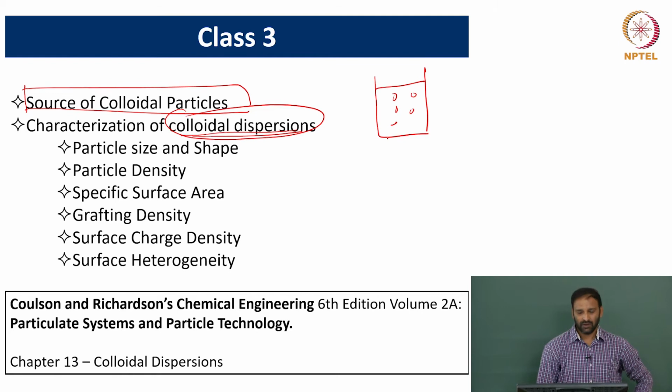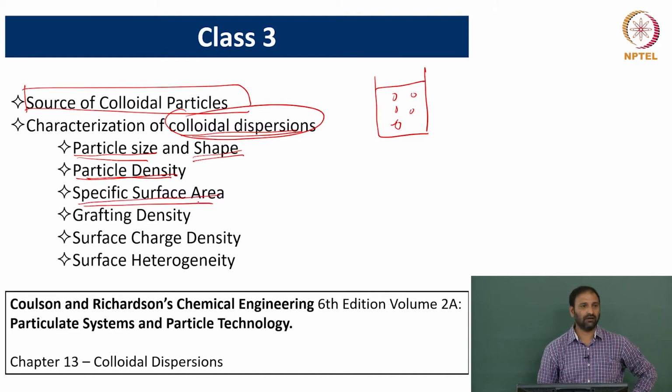If you talk about the particles themselves, one may be interested to know what is the size of the particle, what is its shape, and of course the density of the particle is important, a useful quantity that you should know for several different things, as we will see a little later.